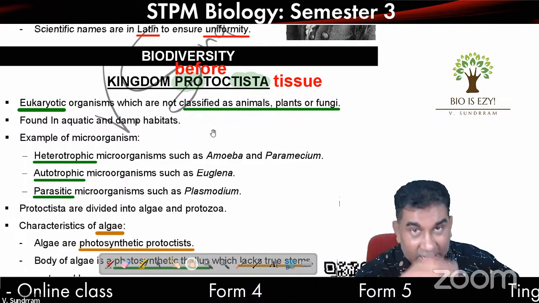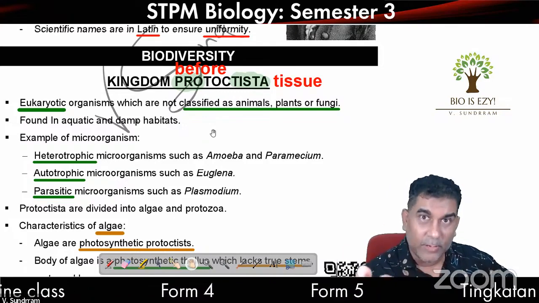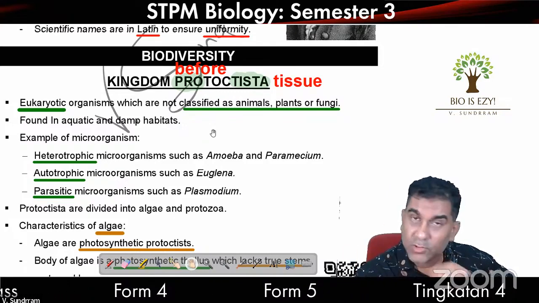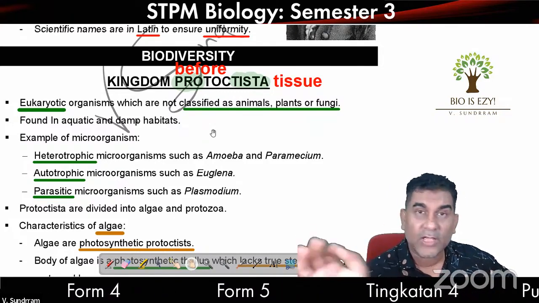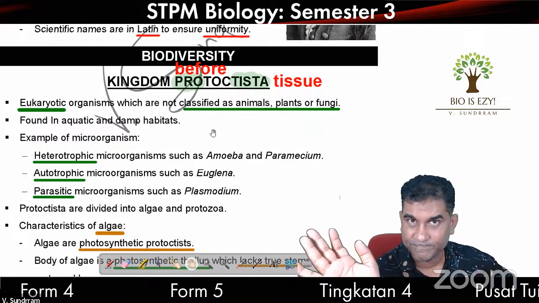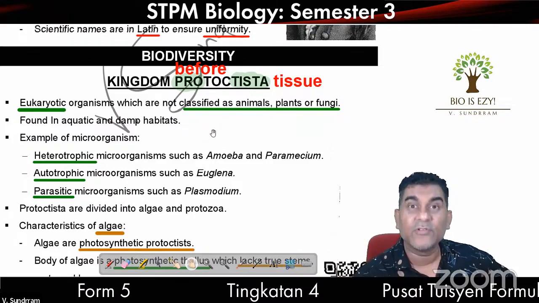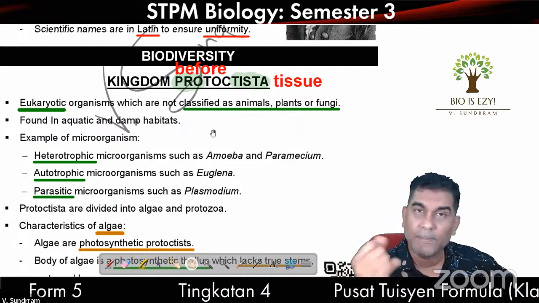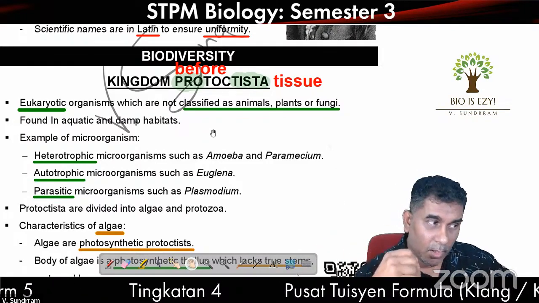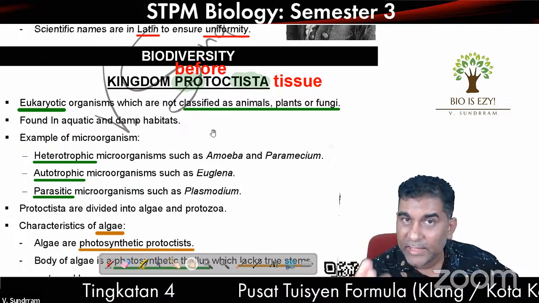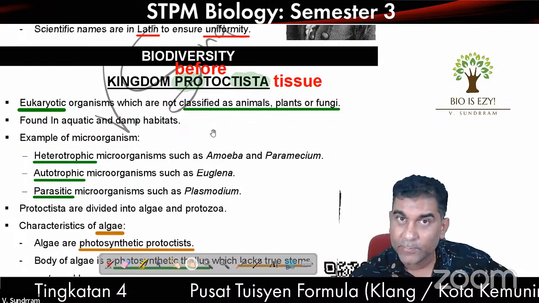Okay, so Protoctista is considered easy. Before tissue, the name, is already 1 mark, which is they are unicellular or multicellular but don't have tissue organization. Eukaryote, have nucleus, 1 mark. If they have animal characteristic, protozoa.